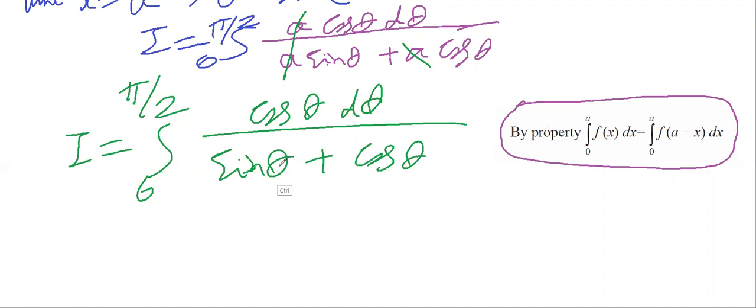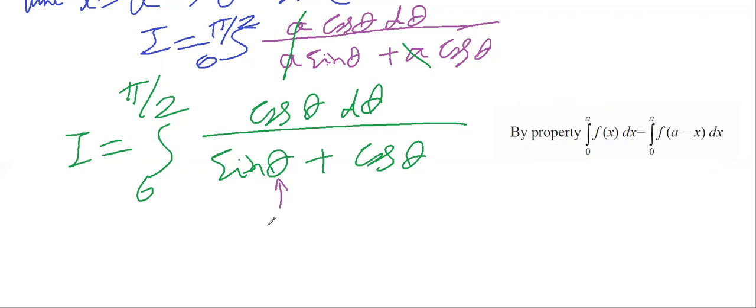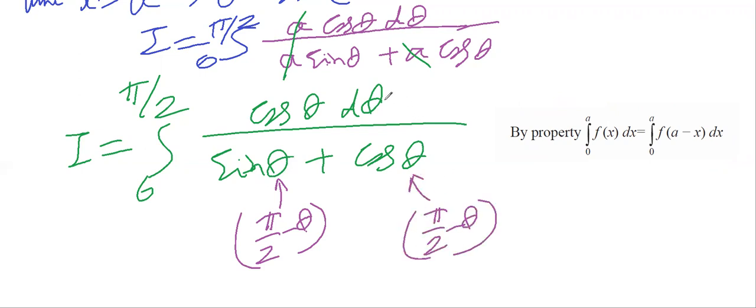Because when you convert theta to pi by 2 minus theta, the numerator will become sin theta, and the denominator will become sin theta plus cos theta.